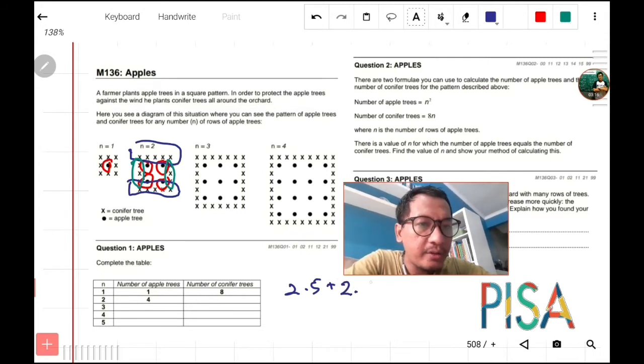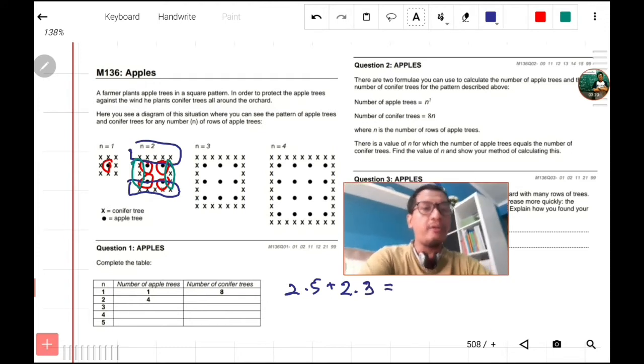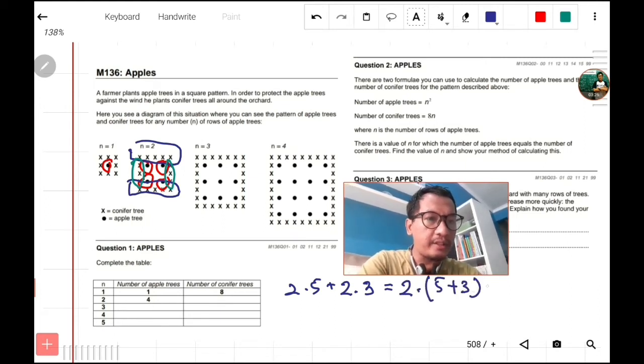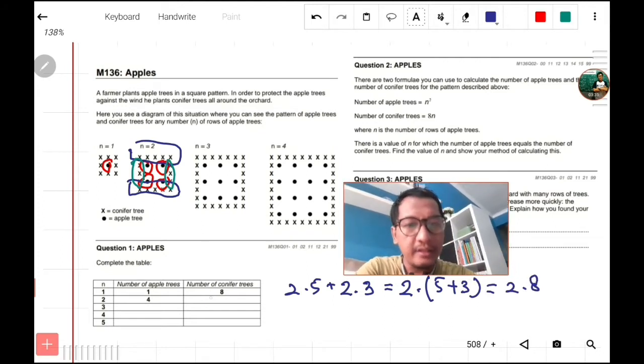We can write it as 2 times (5 plus 3), which is 2 times 8. This is 16.